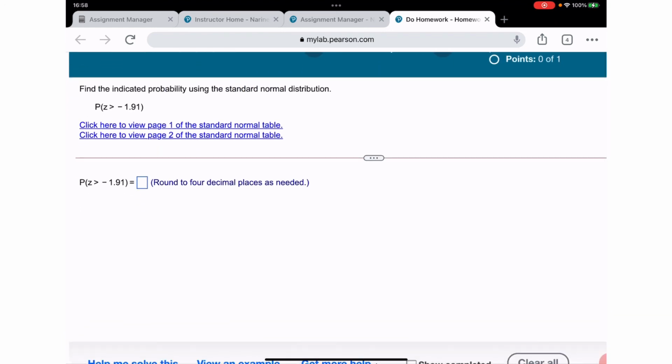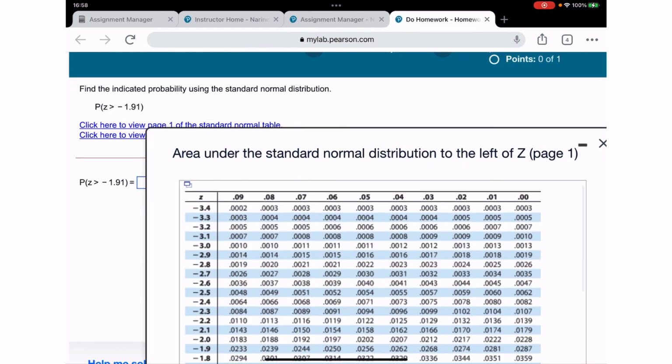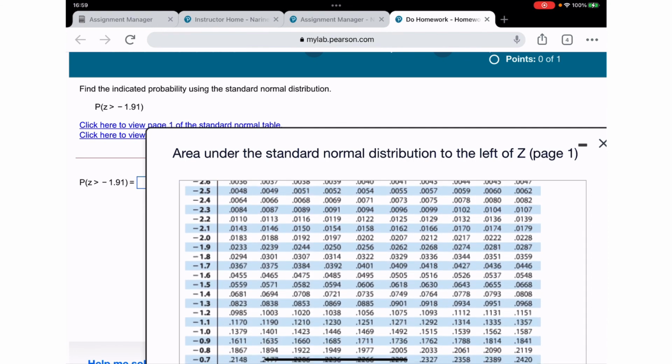Okay, negative 1.91, negative 0.01, it's second column from the back. So in negative 1.9, here it is, in the second column, it's going to be 0.0281.